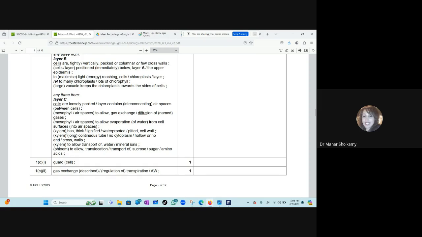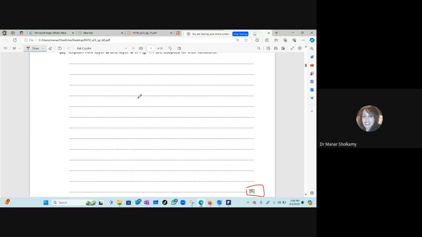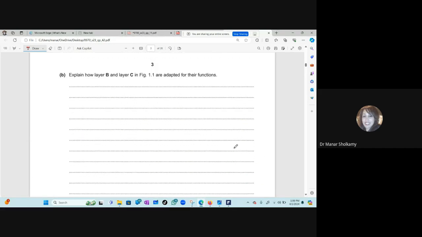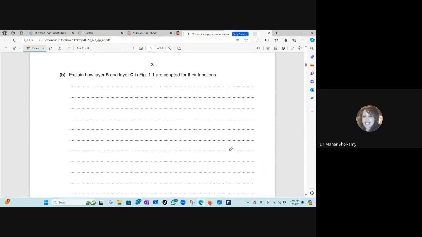And you will talk about the structure of the xylem, and also you can say what the function of the phloem is. So when you have a question that is out of 6 marks, now you have to worry. I always tell you that. You first need to label layer B and layer C, and you will discuss them in detail. Layer B, you will talk about the palisade mesophyll.